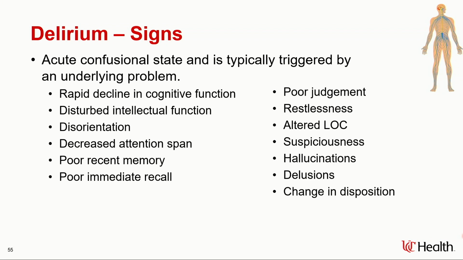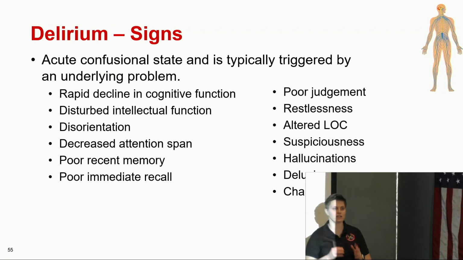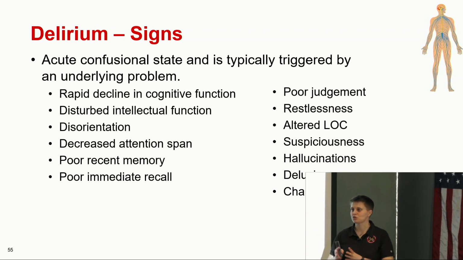So delirium is an acute confusional state, and it's typically triggered by an underlying problem. So yet again, the chief complaint of new onset confusion or new hallucinations may be a sign of something completely unrelated, and we need to pay attention to the fact that this patient is typically highly functioning or neurologically intact or does not have Alzheimer's or any other form of dementia, and that this change was new and acute.